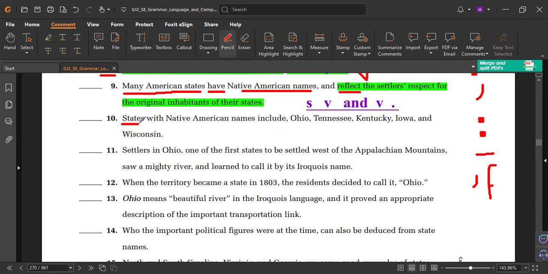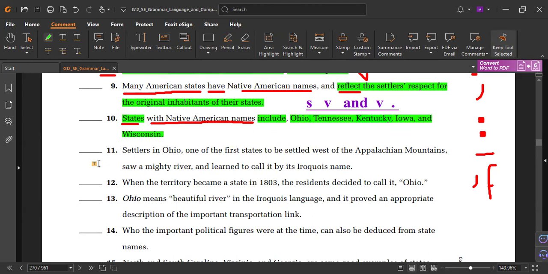Look, states and then a prepositional phrase, but that is your subject. This is your verb. After the verb, we don't need commas. But these are commas for the list. You see, this is the list already. So we need commas after the noun. So the comma after include has no reason.